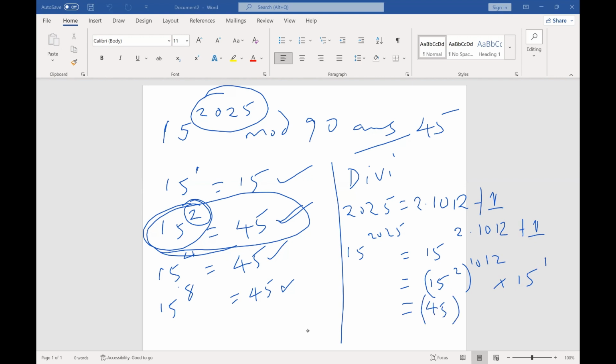This 45, you square it to give me 45. So if I raise it to anything, it will give me 45, so long as that power is even. And then times 15 raised to 1, which is 15.